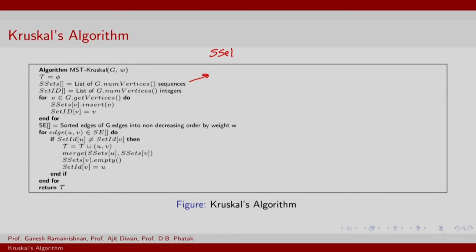S sets 1 will be a sequence sorted in increasing ID of vertices in tree 1. In general, S sets for I will have the sequence of vertices in tree I.